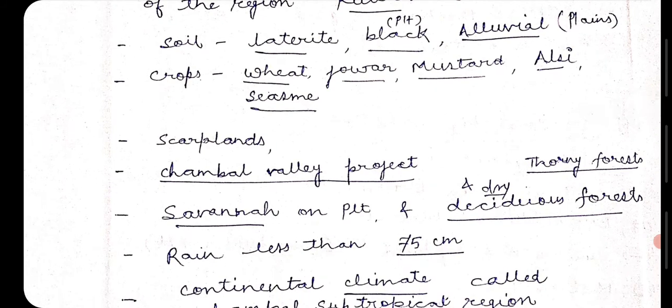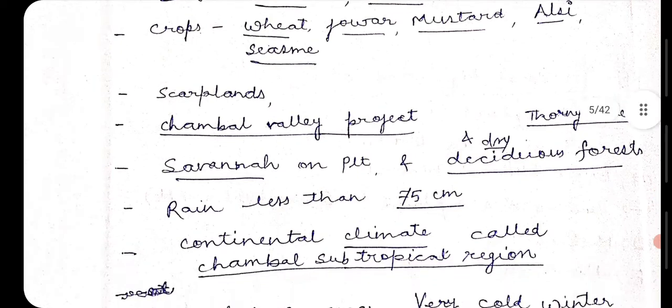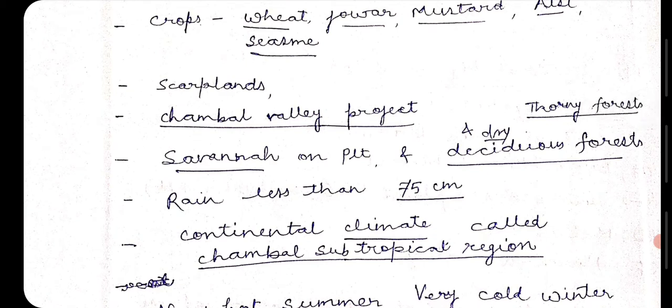Vegetation: on the plateau, savanna vegetation, and otherwise thorny forest and dry deciduous forest. This is important. Thorny forest, dry deciduous forest, and savanna grassland on the plateau, if you remember.